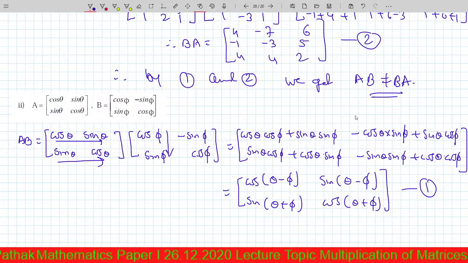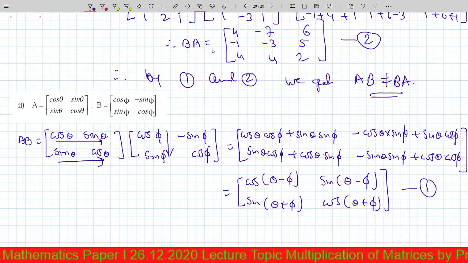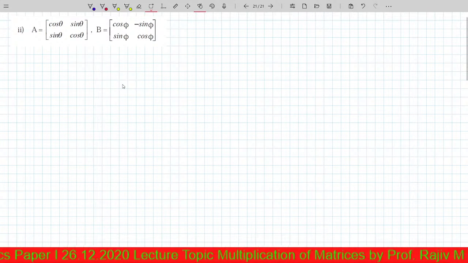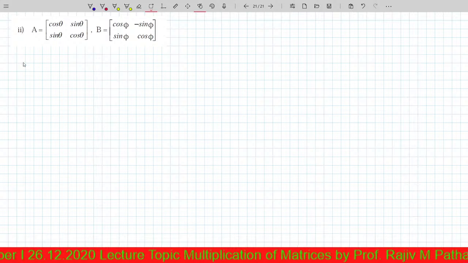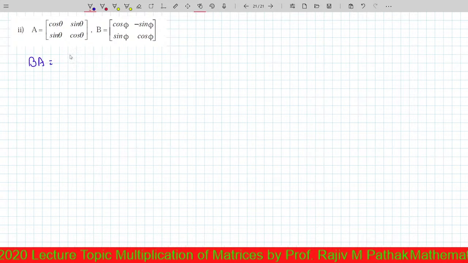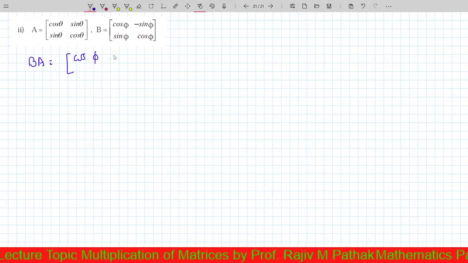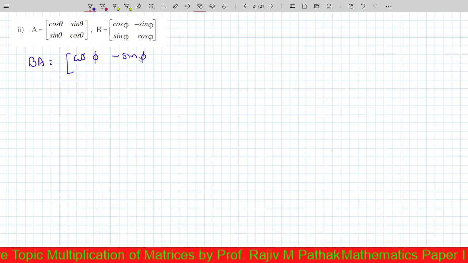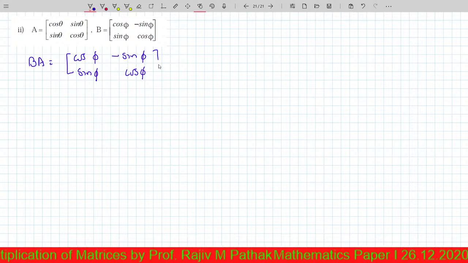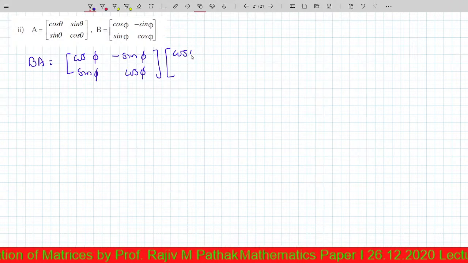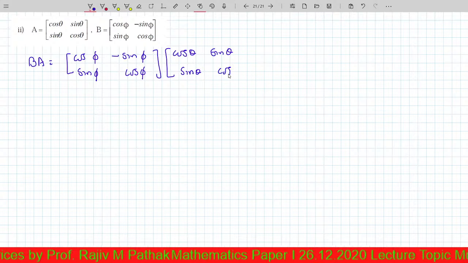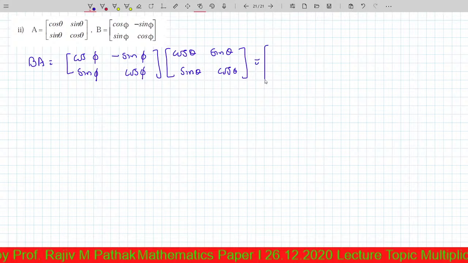Then you consider BA. Okay, for BA I again require the matrix. So for BA, cos phi, minus sin phi, sin phi, cos phi into A. A is cos theta, sin theta, minus sin theta, cos theta. So perform the multiplication.